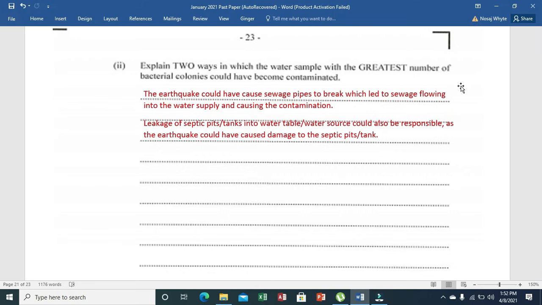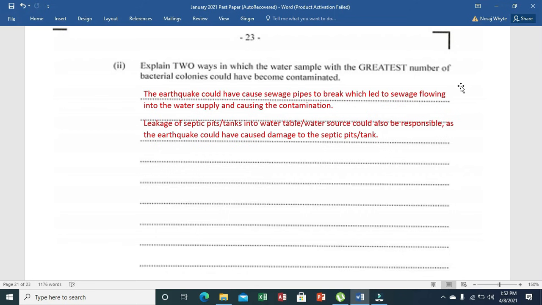So we think that the earthquake could have caused sewage pipes to break, which of course leads to sewage flowing into the water supply, causing the contamination. We also think that leakage of septic pit, or some might say septic tank, into water tables or other water bodies could also be responsible, as the earthquake could have caused damage to the septic pit or tank.